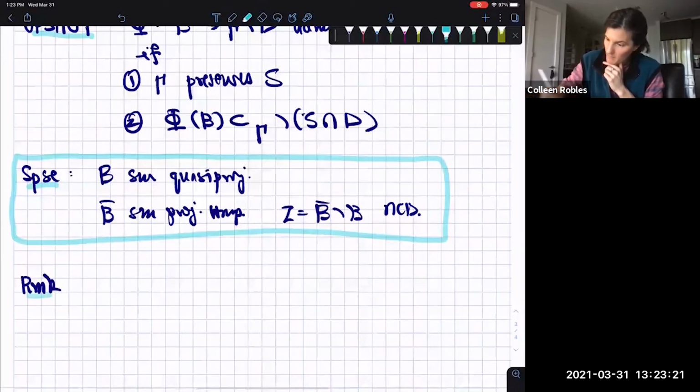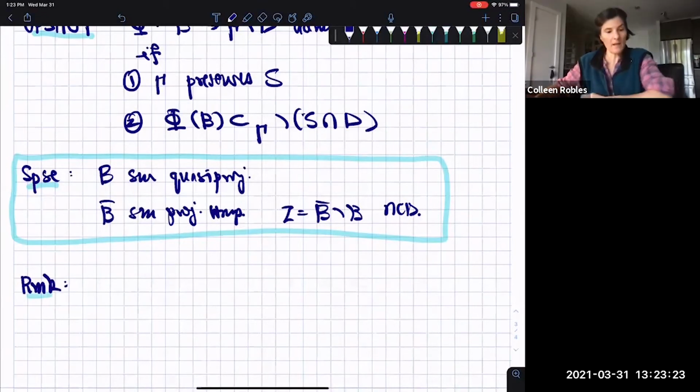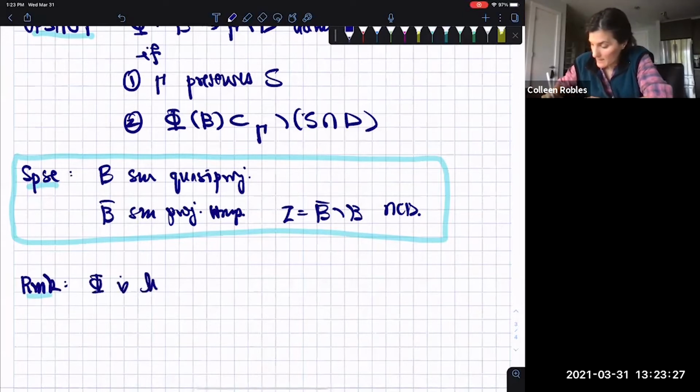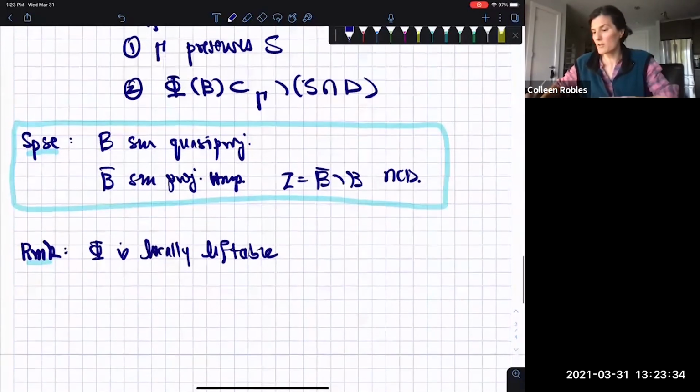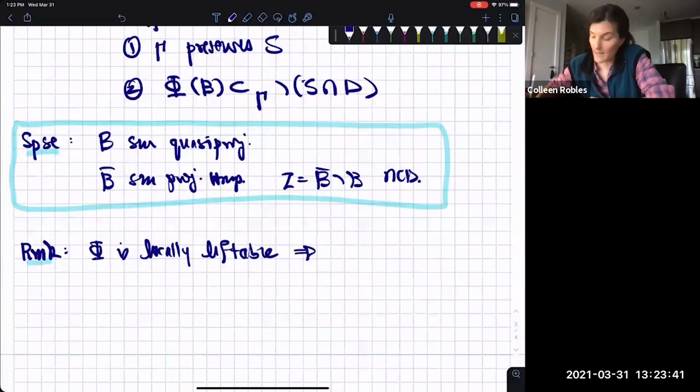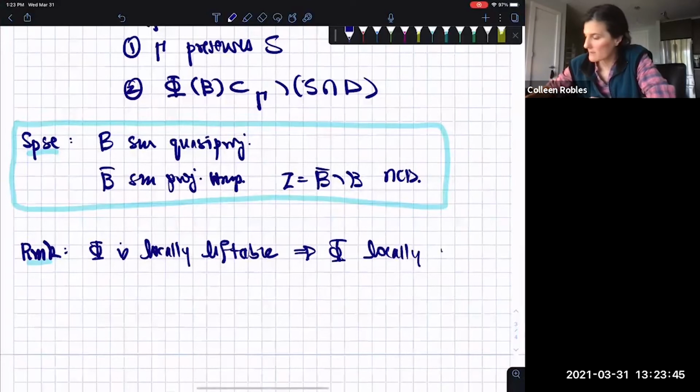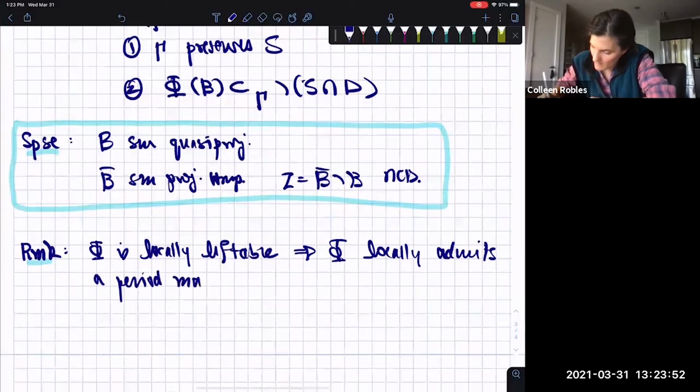Okay, so the first remark is that the fact that phi is locally liftable, let's assume that gamma is acting without fixed points inside the domain. This implies that phi locally admits a period matrix representation.